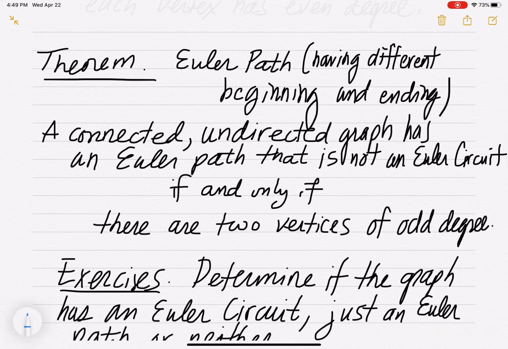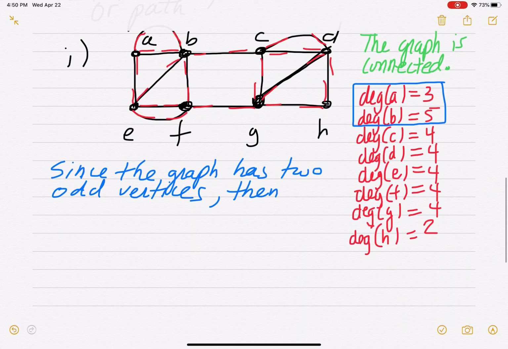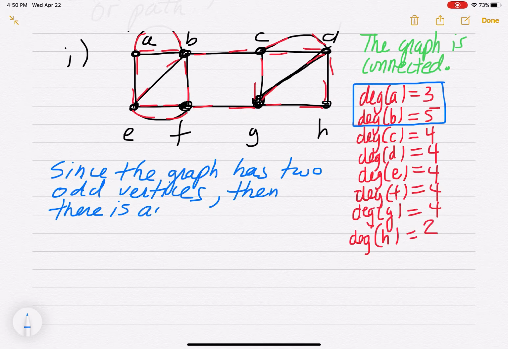If there are 2 odd degree vertices, there's an Euler path that's not an Euler circuit. Then there is an Euler path that is not an Euler circuit.